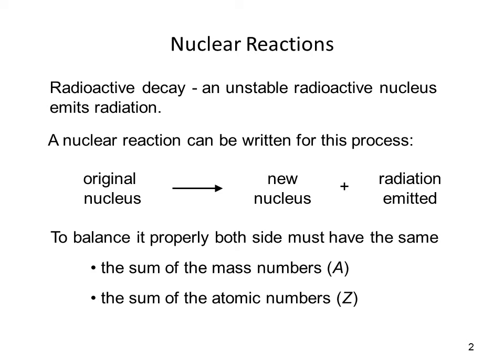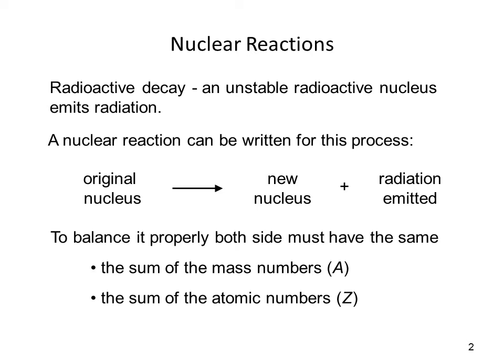This process of going from an original nucleus to a new nucleus is called radioactive decay, because you actually start losing the amount of your original element as it is transmutated to a new element. And so the amount of the original sample decays in concentration.